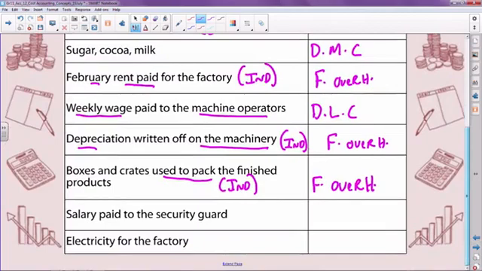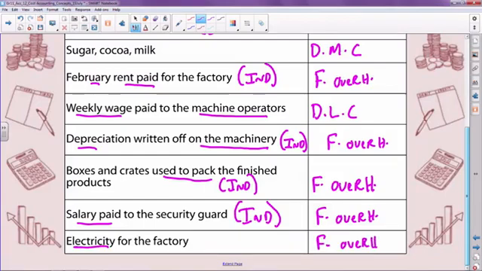Okay, so obviously to the person that guards the factory at night or even during the day. So the salary that is paid, not directly involved in the making of the items. So another indirect expense, and therefore also factory overheads. Right, and then finally the last item, the electricity for the factory. So the electricity that is used is also classified as your factory overheads.